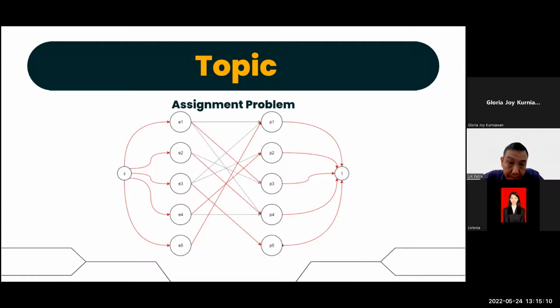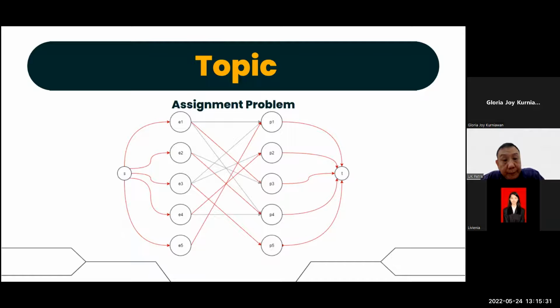The result is P. What we want to do is assign the employee to each project.